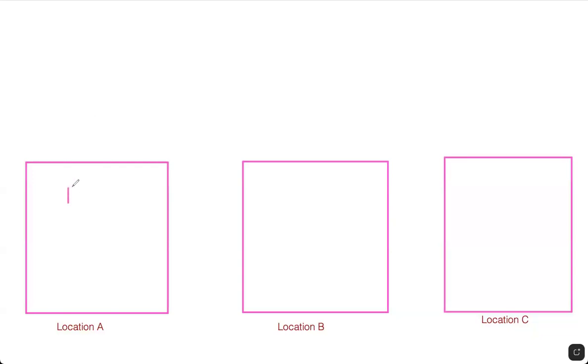So again, you have a router, and this router will be connected to a switch. This switch is connected to the access points in that specific location. Similarly, you have a router. This router is connected to a switch, and this switch is connected to the access points.